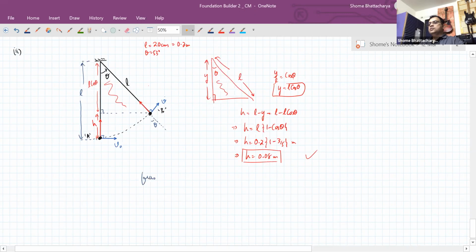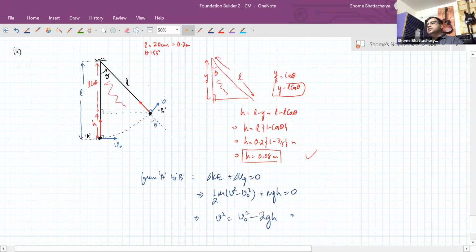So from A to B, change in kinetic energy plus change in gravitational potential energy should be 0. So V square will become V naught square minus 2GH. So now V naught, remember, was given to us as 2 meters per second, and V we had to find out.